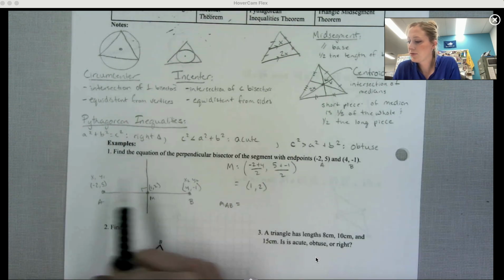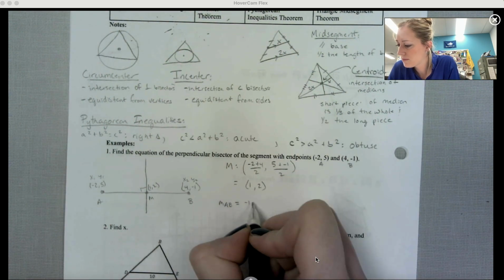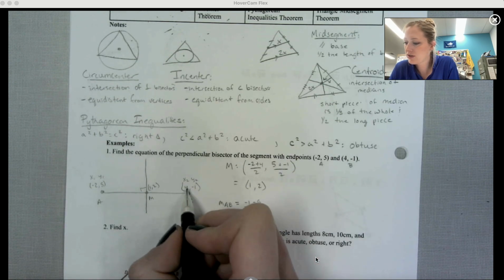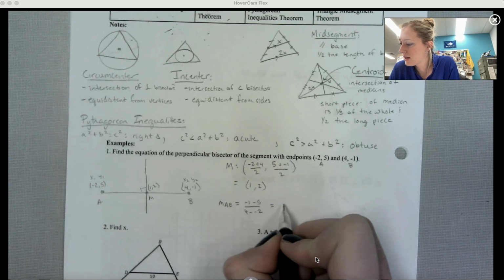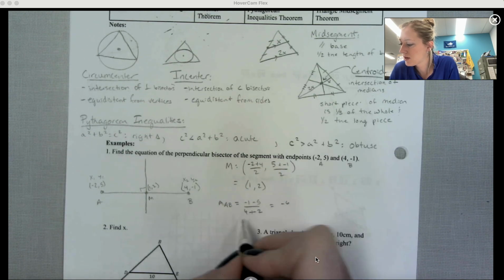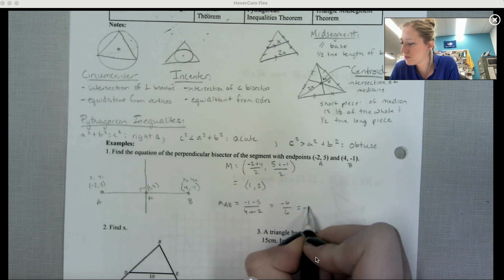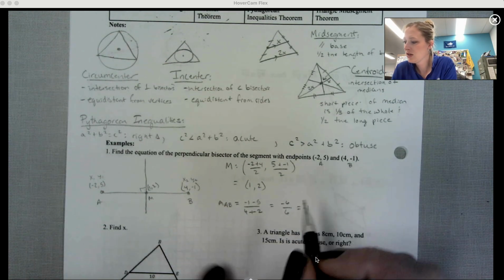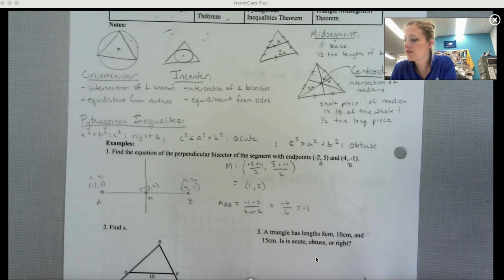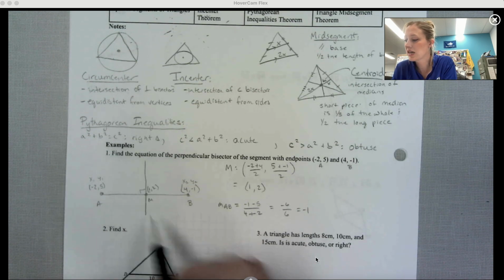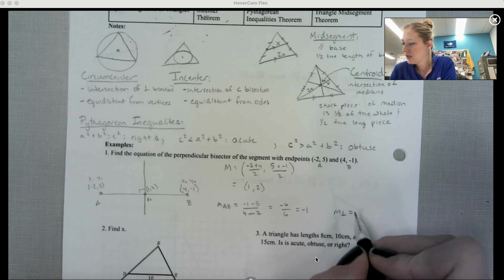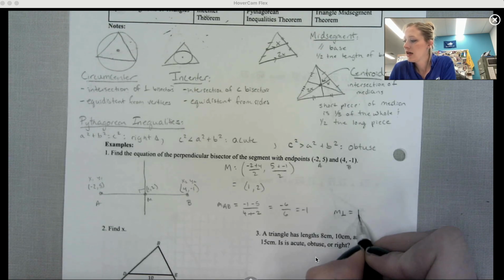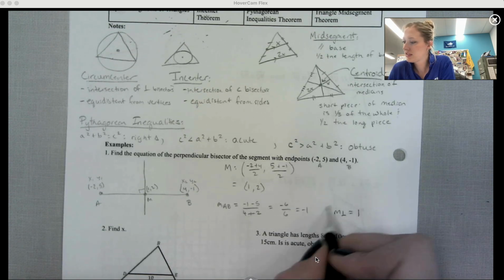So y2 minus y1, negative 1 minus 5, over x2 minus x1, 4 minus negative 2. Simplify, we get negative 6 over 6, so I get a slope of negative 1. So what would the slope of the perpendicular be? Perpendicular slope, remember, is opposite reciprocal. The opposite of this would be 1, and then 1 over 1 is still 1. So this is my perpendicular slope.